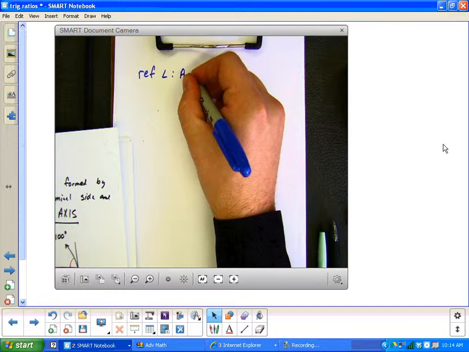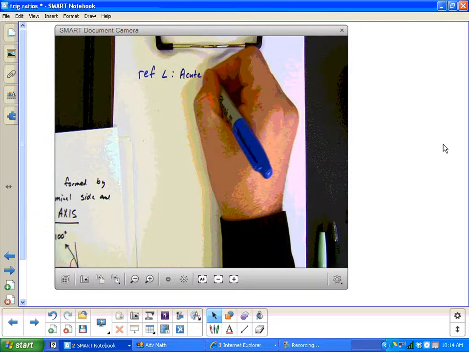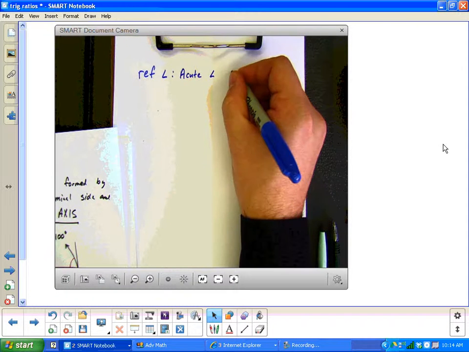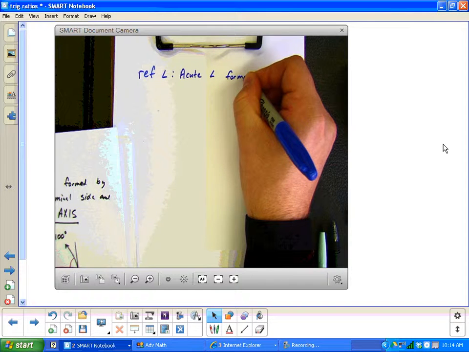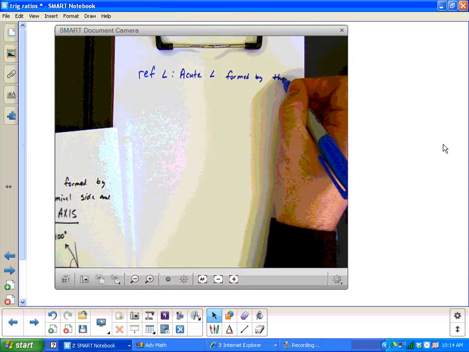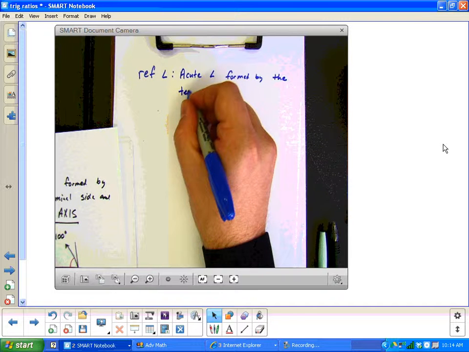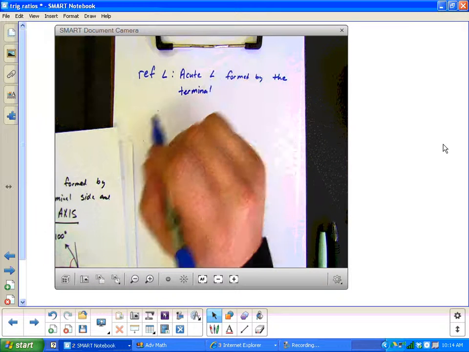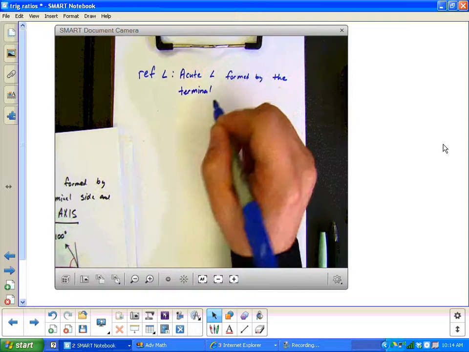So, a reference angle is an acute angle formed by the terminal side. Now, remember which side was the terminal side? Terminal side and the initial side. Go back and look.